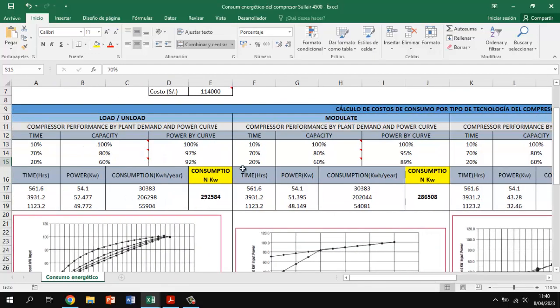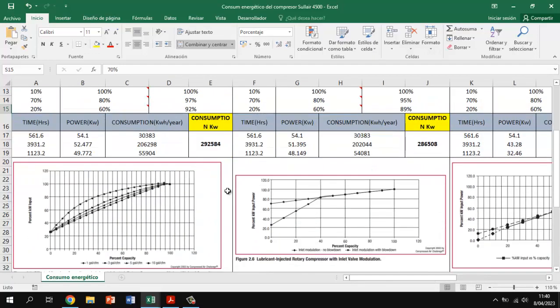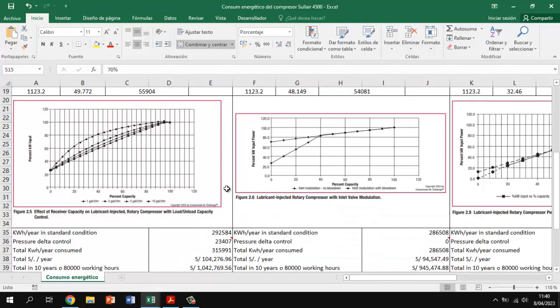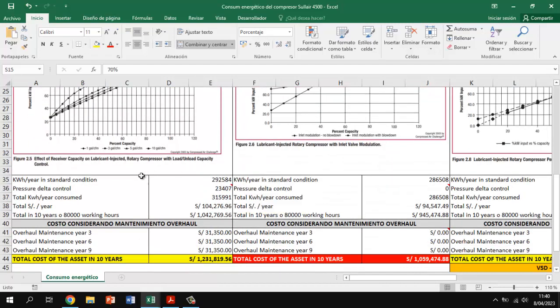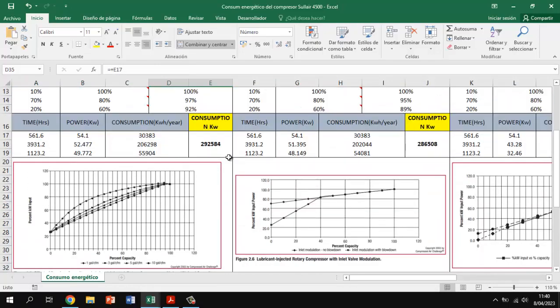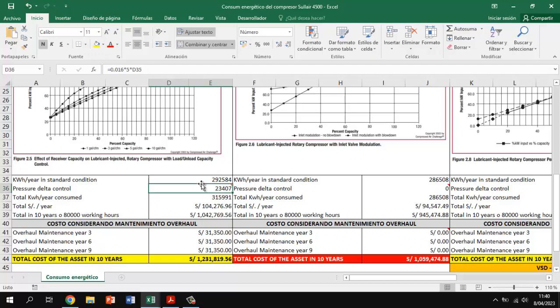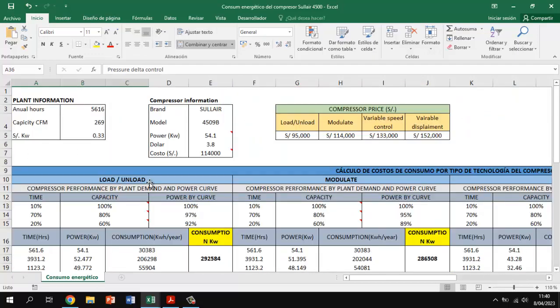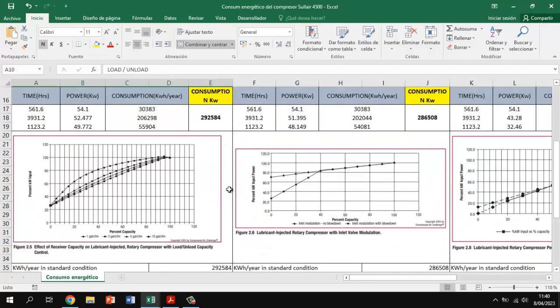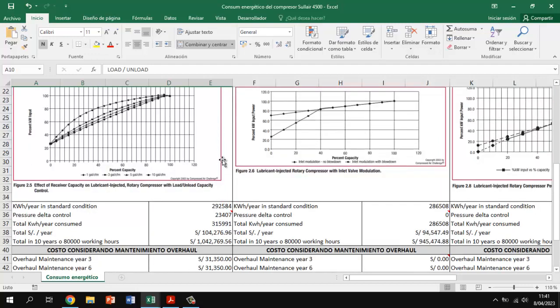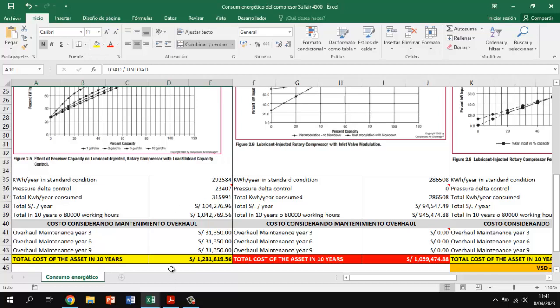We are going to have all this consumption, but there's something else we should consider. If we have the kilowatt per year in a standard condition, this number is the same as here. Remember that for load and unload compressors, the standard and most common pressure drop in plants is 10 psi. What does it mean?